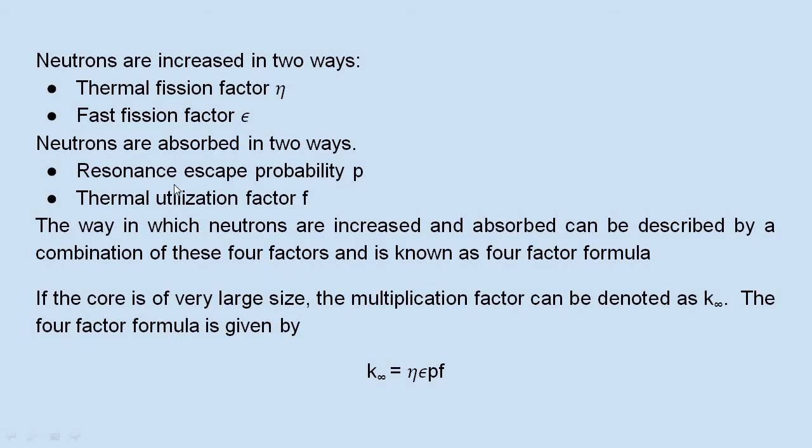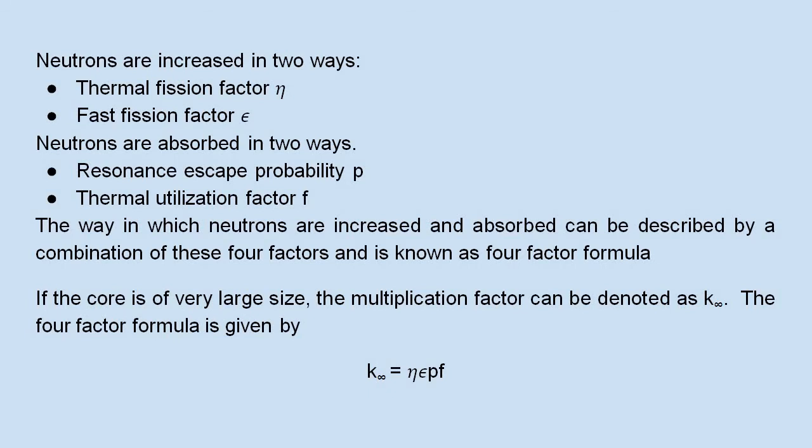You have four factors. That is why we have normally written them as factors. Sometimes it is also known as the resonance escape probability factor. So, by connecting these four with the fifth one, K, you have a formula known as the four-factor formula, or sometimes Fermi's four-factor formula.